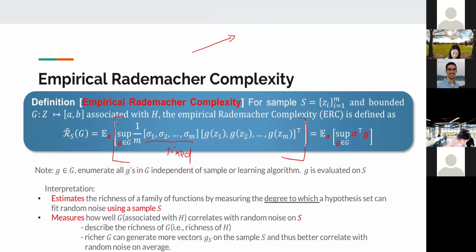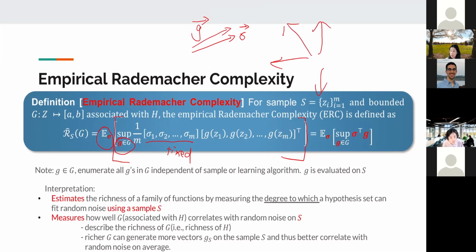On that direction, maybe you are able to find a G that's aligned with this direction, okay? But since you're taking expectation over sigma, your sigmas could be in other directions as well, right?